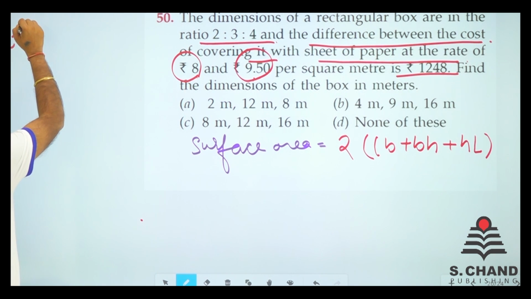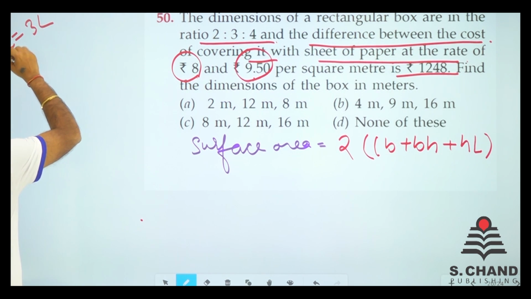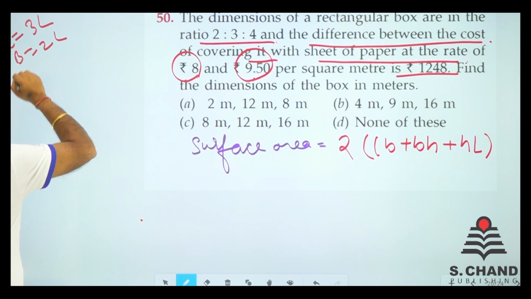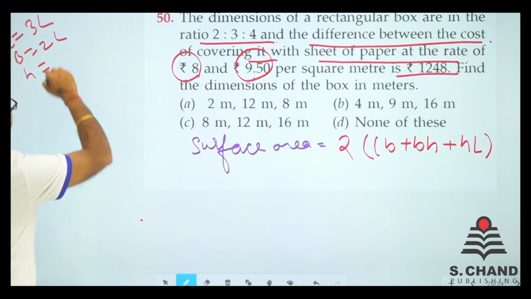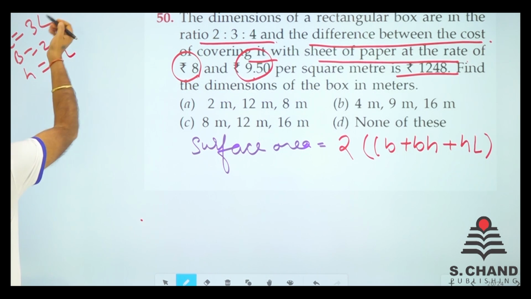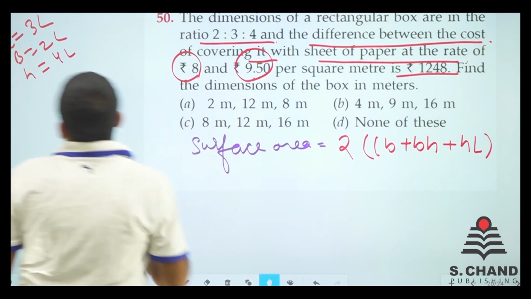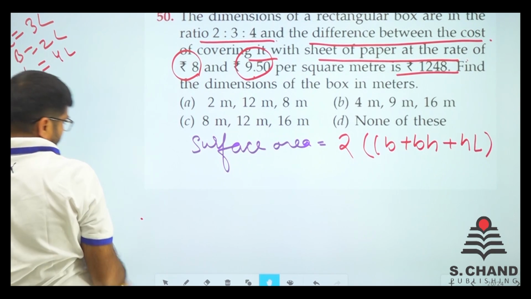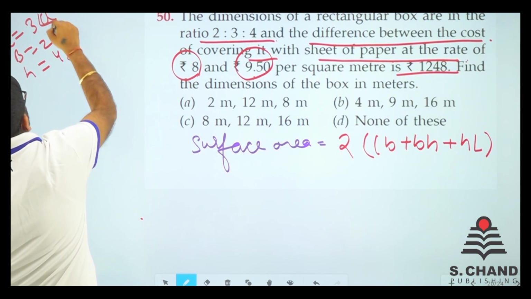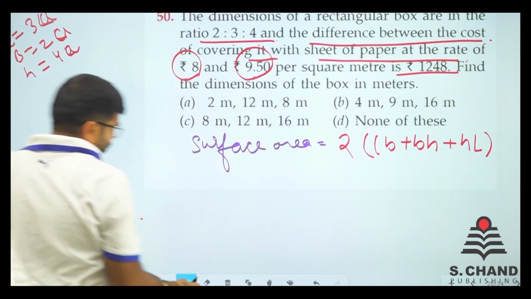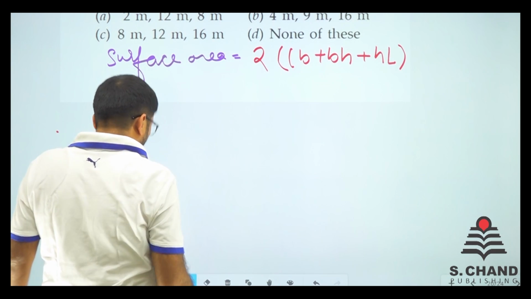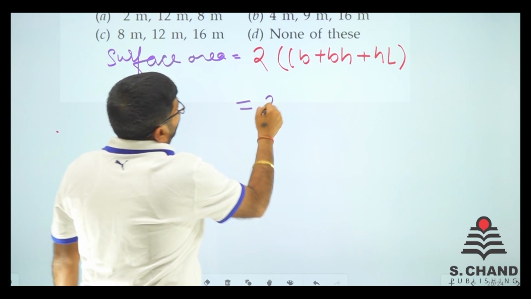Let length be 3L, let breadth be 2L, and then the height be, for example, 4L. L or X or whatever, right? So I have put L. Or do one thing, not L, put it like A. Why A? Because otherwise we will get confused with the actual L.